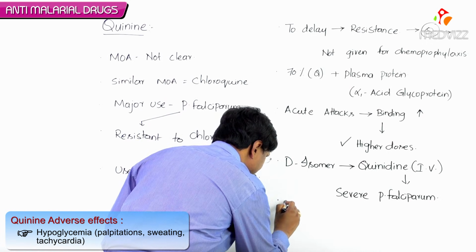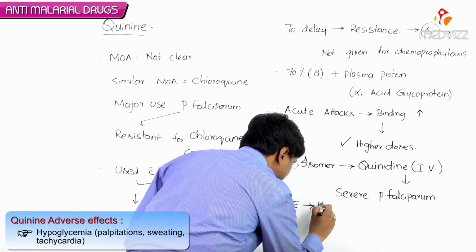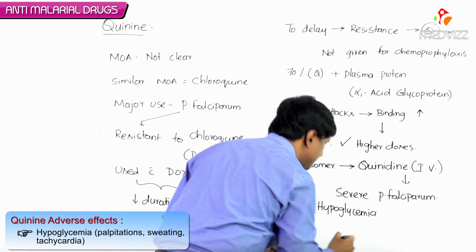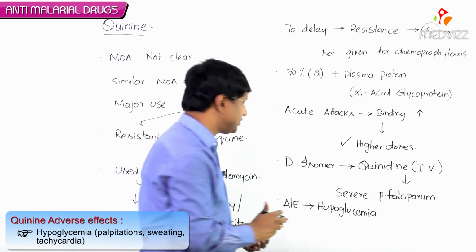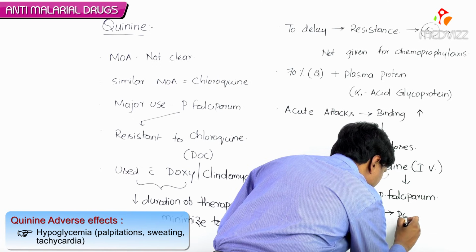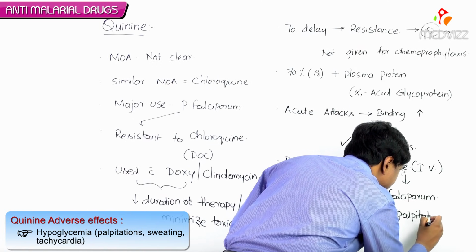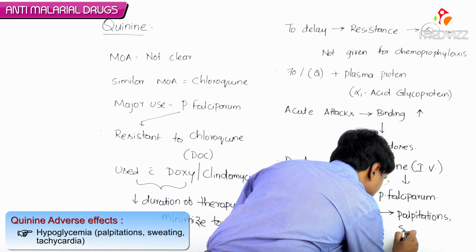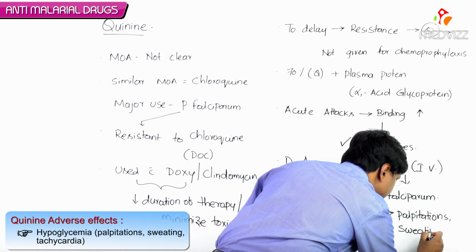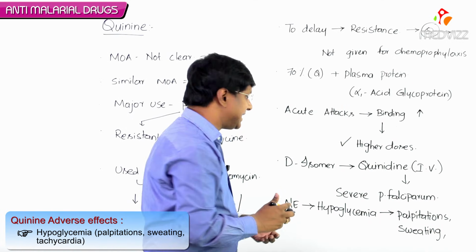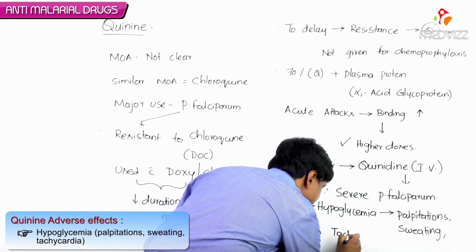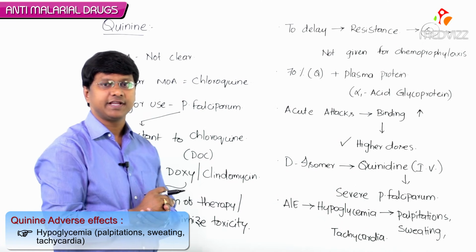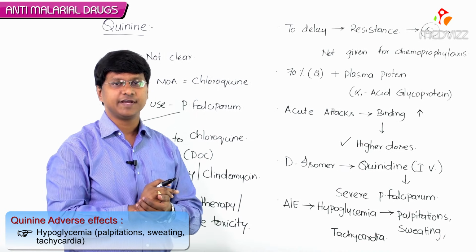So the adverse effect of this quinine is that it can cause hypoglycemia, and this manifests in the form of palpitations, sweating, and as well as tachycardia. So these will be the features of hypoglycemia.